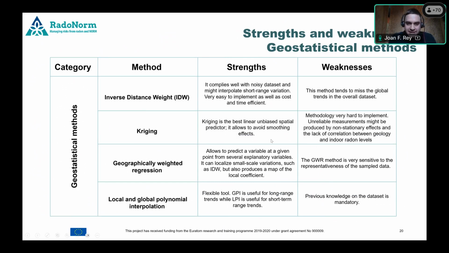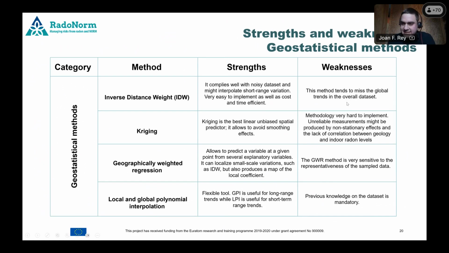For example, the inverse distance weighting will comply very well with noisy datasets, but the global polynomial interpolation will provide something more suited to long-range trends. So there will be a difference.